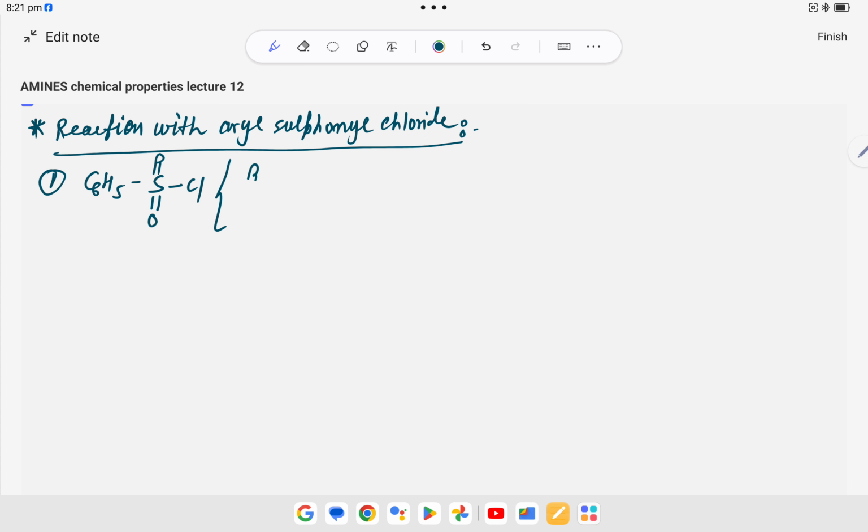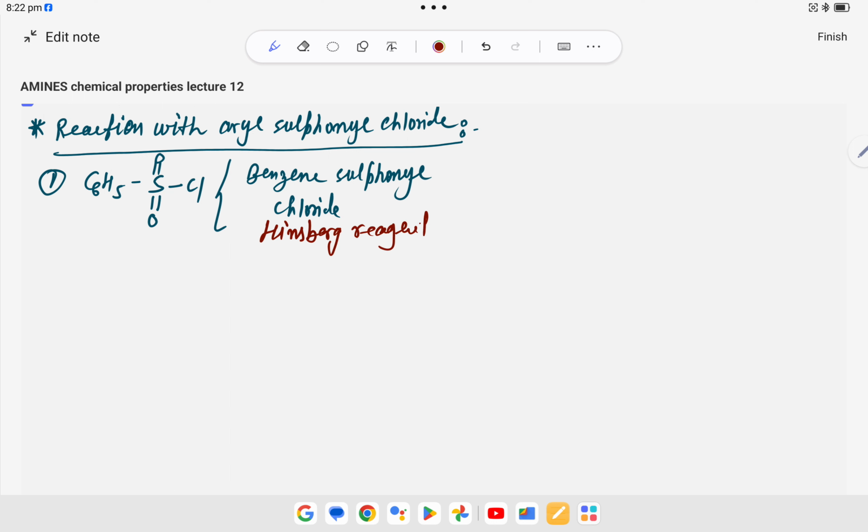It's called benzene sulphonyl chloride. And a very important thing, it is also known as Hinsberg reagent.